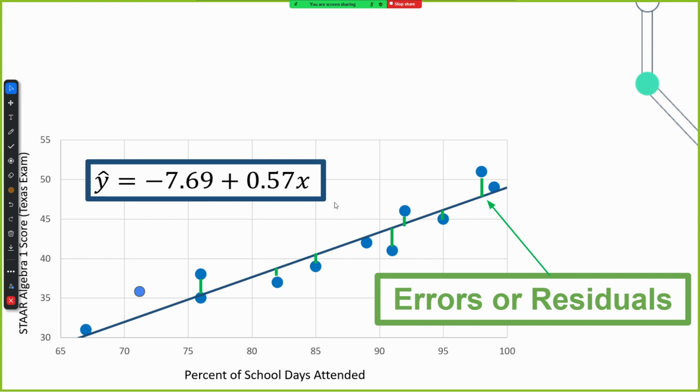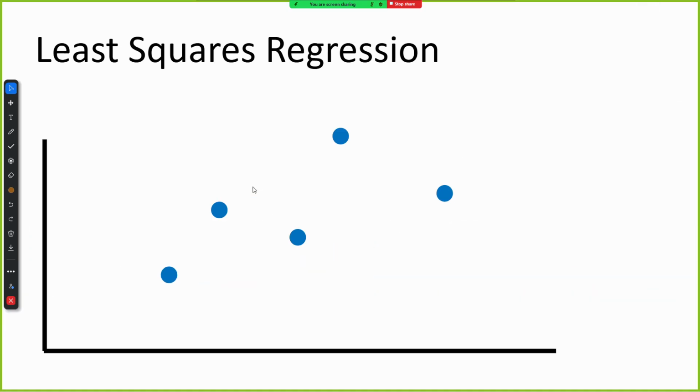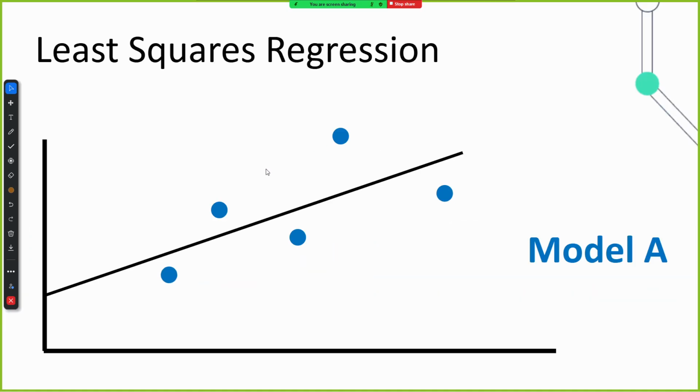So there's always a separation between the dots and the actual line, and that's called our error. When we're doing these models, we're trying to minimize the amount of error, because ideally the best model is the one we fit to have the smallest error.